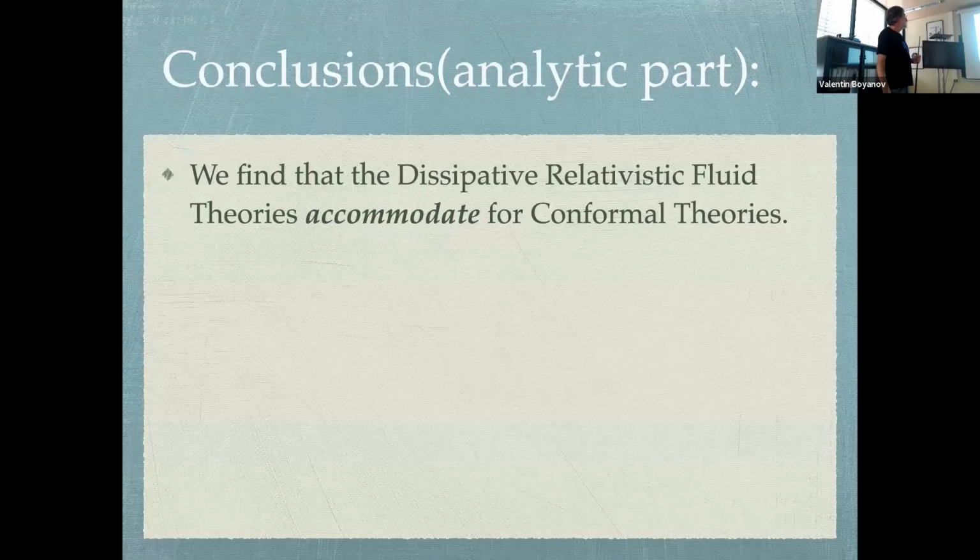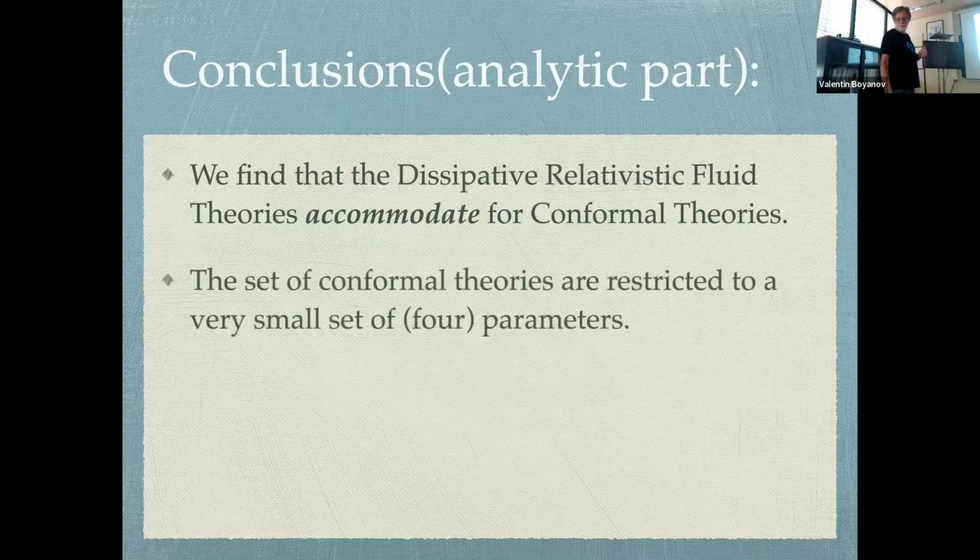So then, the conclusion of this, we find that the dissipative relativistic fluids accommodate for conformal fields. So you can have a conformal fluid being there. I showed one of the parameters in this discussion, that's a parameter that enters in the generating function. Then there are 3 more in this IAB that I wrote, which are the sources.